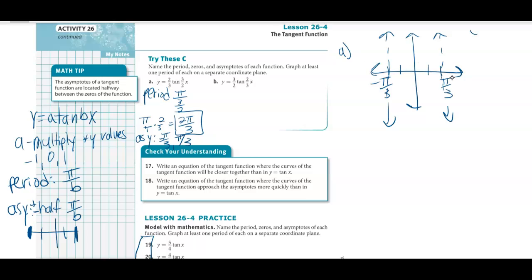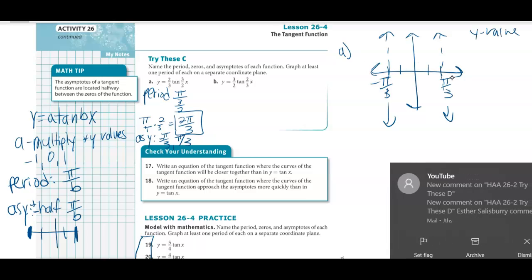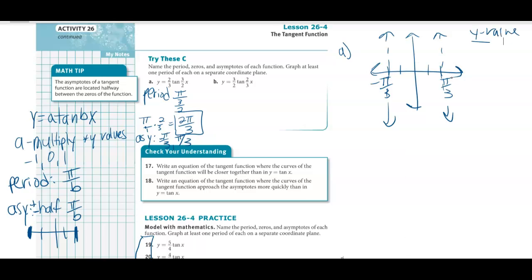Then my y values are -1, 0, 1. And I'm going to multiply those by A, so multiplying by that 2/3. So you get -2/3, 0, 2/3.